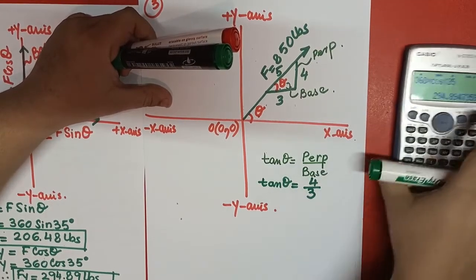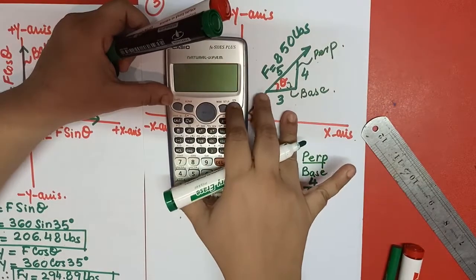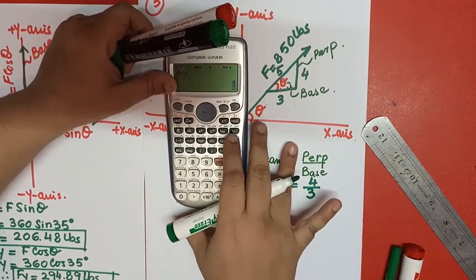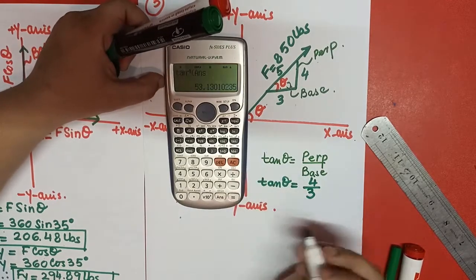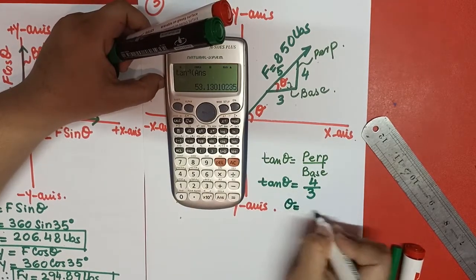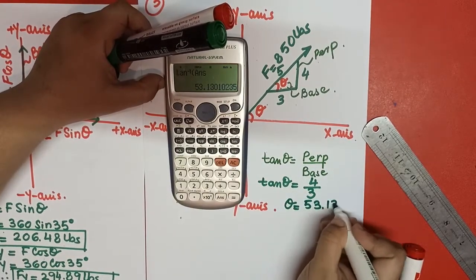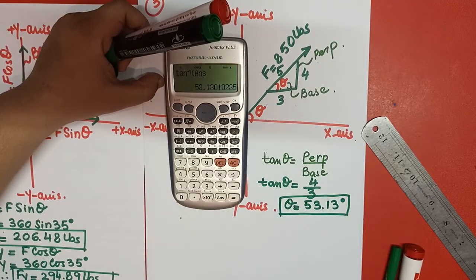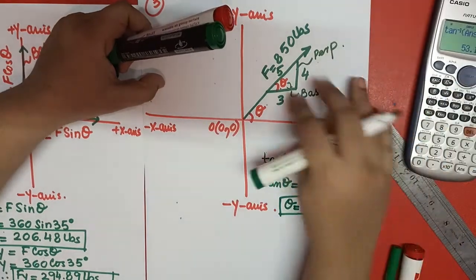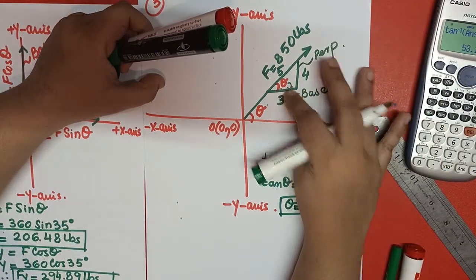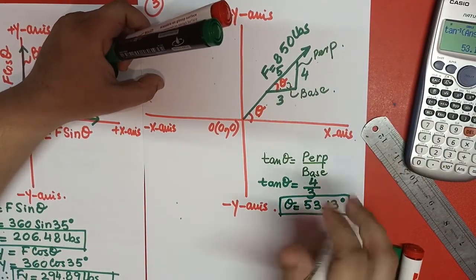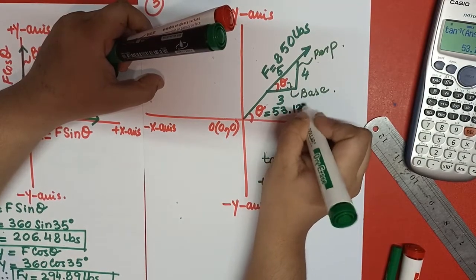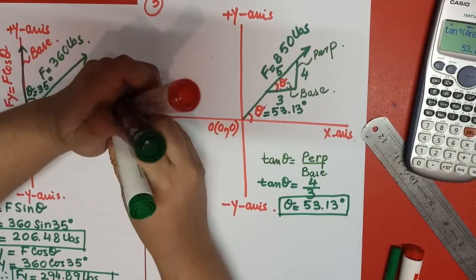I will apply tan inverse here: 4 divided by 3, and the tan inverse answer is theta equals 53.13 degrees. So I will get this theta as well because both are the same values. This is 53.13 degrees.